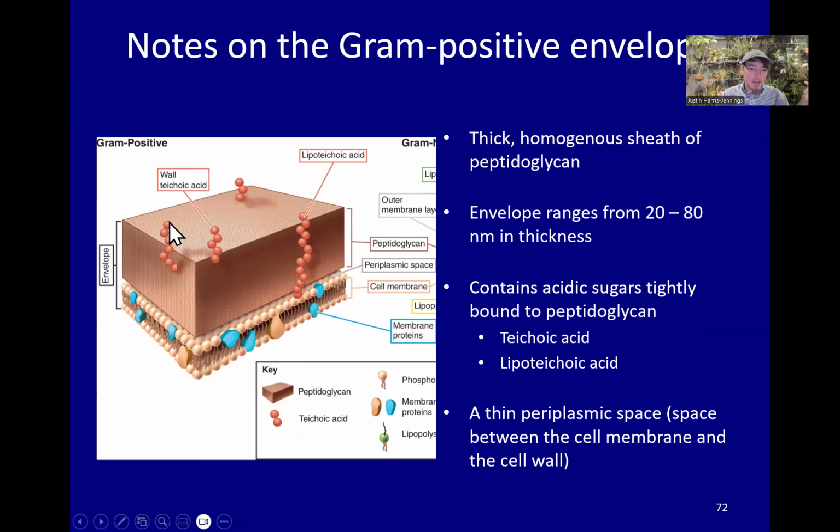So with the gram positive, we have that thick cell wall, and that thick cell wall usually has different acidic sugar molecules, as well as proteins embedded throughout the membranes that help facilitate signaling, help facilitate transport of different chemicals in and out, or with, for instance, the metabolic pathway that we'll talk about later.